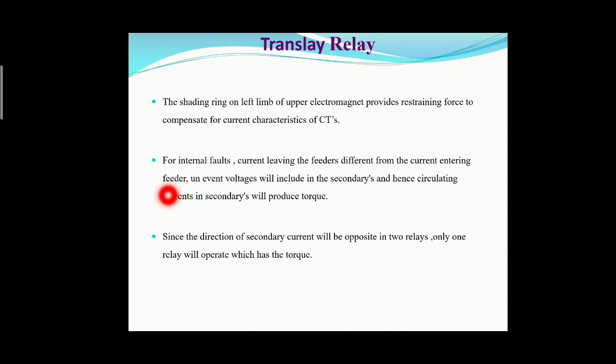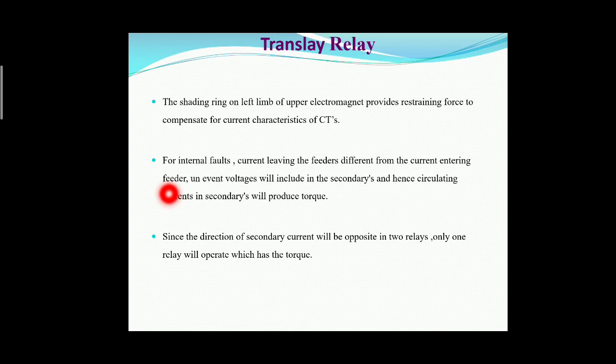That means the I1 current will be equal to the I2 current, so zero current will flow in the relay coil, and therefore no torque will be produced in the case of an external fault or no fault condition.